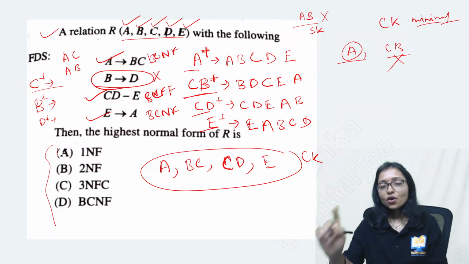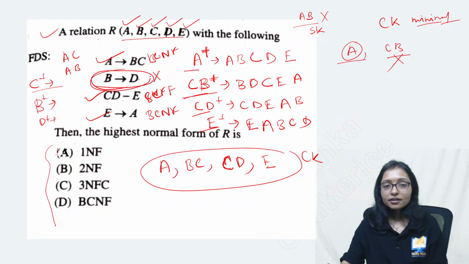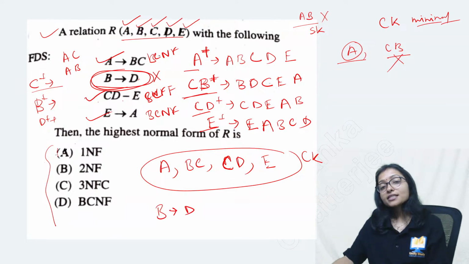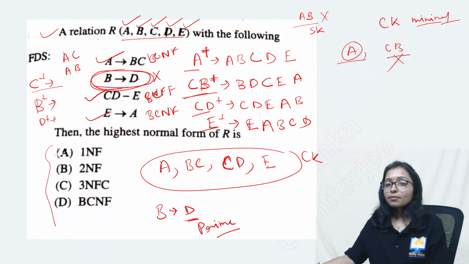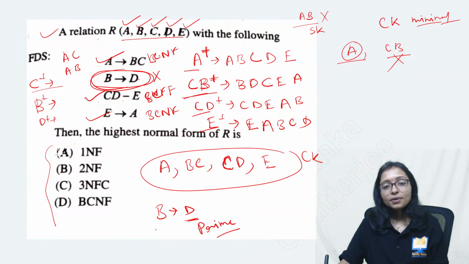Only the problem is here, that is B implies D. B implies D is what? D is a prime attribute and B is also a prime attribute.